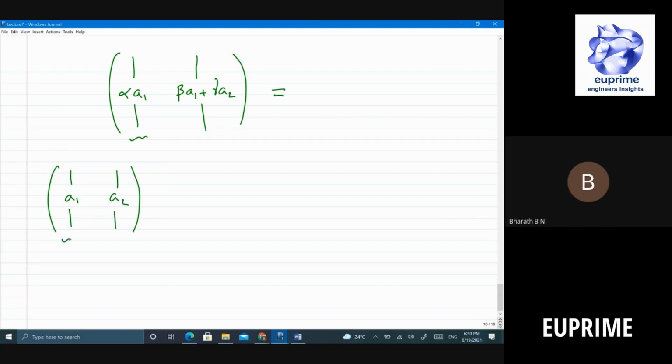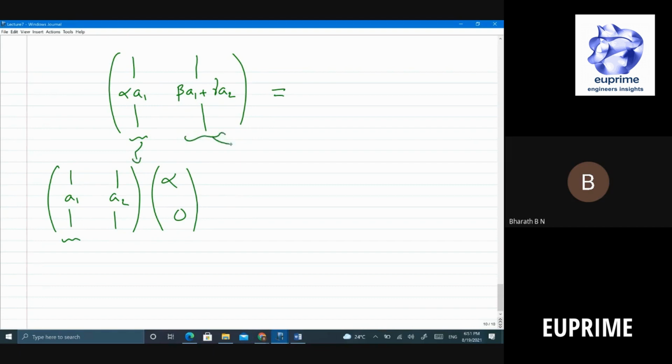I have to select this column, but with the multiplication of alpha. You agree? So if you multiply, it will only select the first column. So if I multiply by this vector, I get the first column of this. So this is given by this.